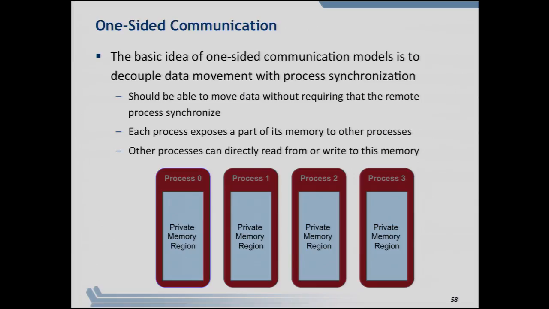So the idea here is, we talked this morning about data communication: you move the data and you do the synchronization, and they're bound together in sends and receives. So when a send completes, you know that the data has at least left your node, and you can now reuse the buffer.